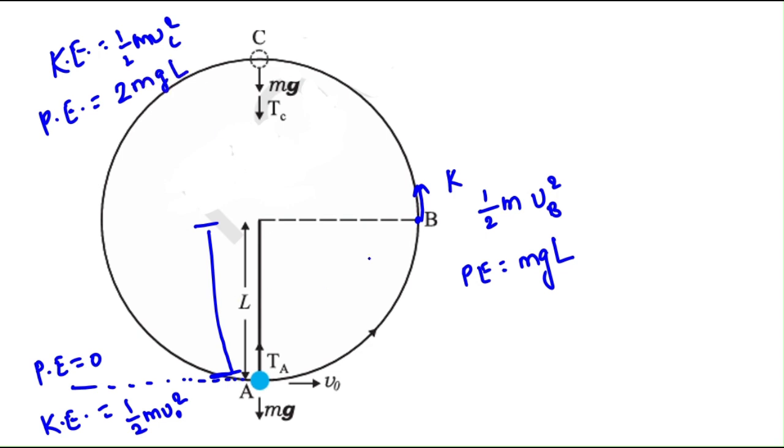So we have kinetic and potential energies at different levels, at point A, point B and point C. What is the important thing here? The mechanical energy, that is the sum of potential energy plus kinetic energy, should be equal. The mechanical energy at point A should be equal to that at point B, which should be equal to that at point C.